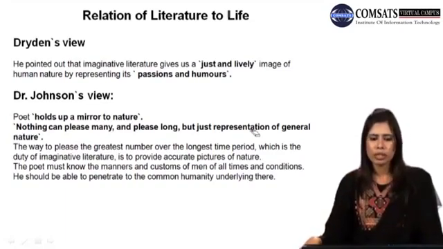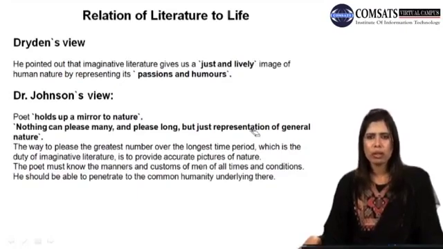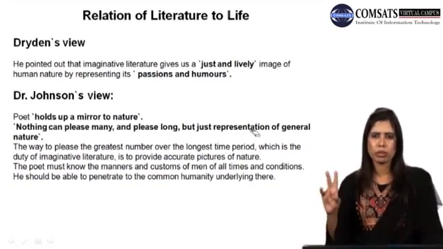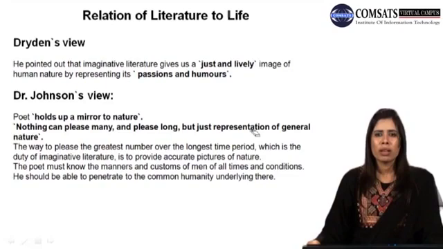Dr. Johnson says, when we talk about literature and life, he says that the poet holds up a mirror to nature. Nothing can please many and please long, but just representation of general nature.